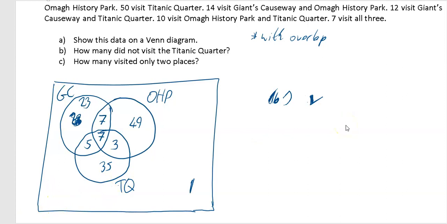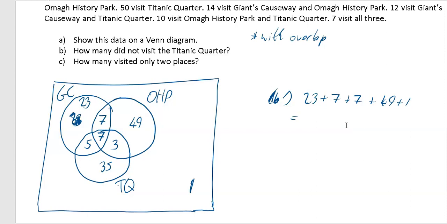Sorry, some technical difficulties here with the pen, but how many did not visit the Titanic Quarter? So for this one, not visiting the Titanic Quarter is 23 plus 7 plus 7 plus 49 plus 1, and whatever that all adds up to.